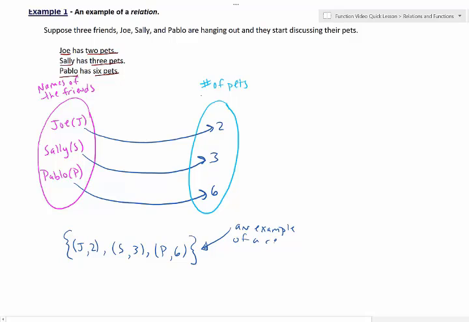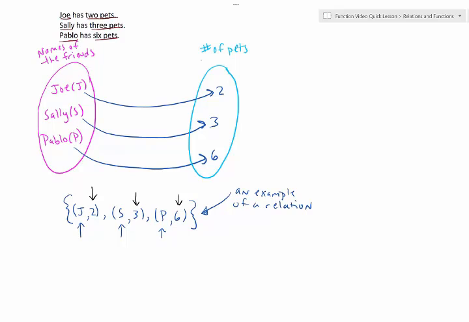of a relation. Now we can notice that in each of the first parts of these ordered pairs, as we're going to end up calling them, pairs of things, there are the symbols which represent the people's names, their initials. The second parts, that's the number of pets they got. And collectively, the collection of these 3 ordered pairs, this is an example of a relation.